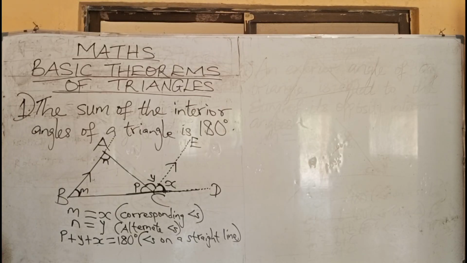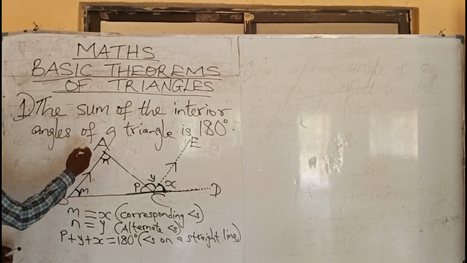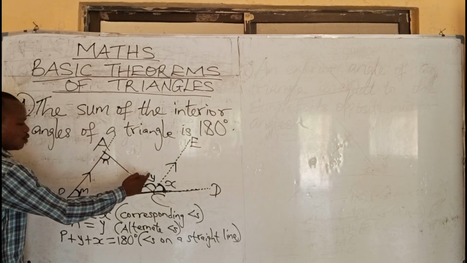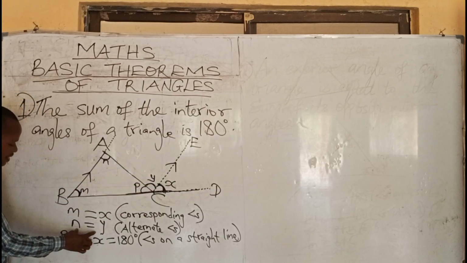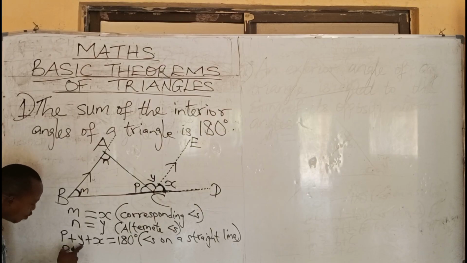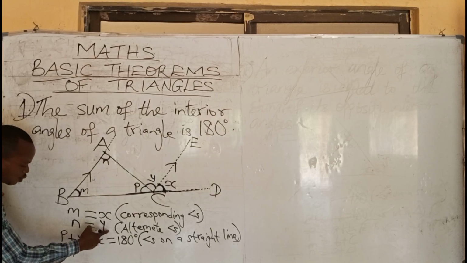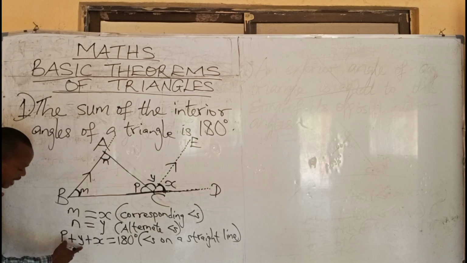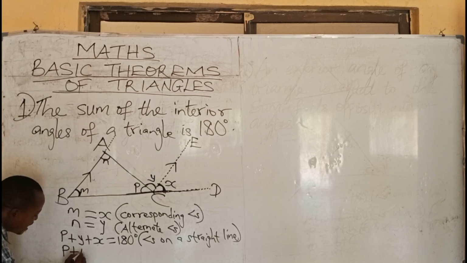Now, back to the theorem. We just said that angle N is equal to angle Y, and the reason is alternate angles. So if I bring this, it is P plus Y. Since N is equal to Y, I can replace the Y here with the N since they are equal.